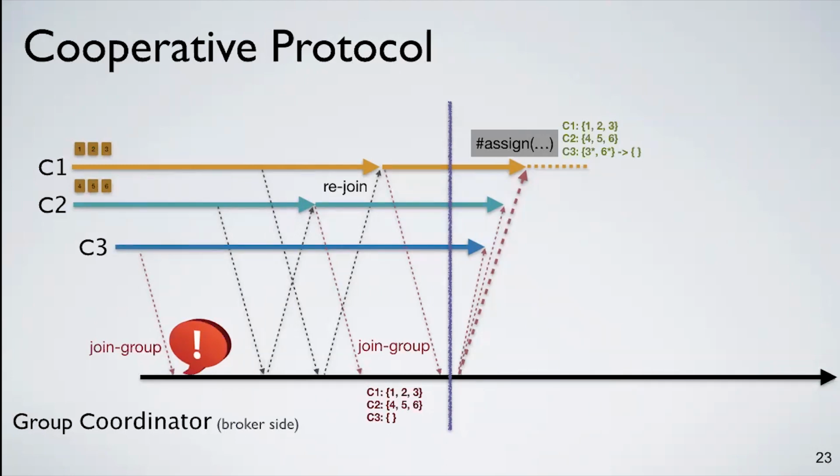It turns out that partitions 3 and 6 need to be revoked from C1 and C2 before they can be given to C3. The assigner knows that we need to enforce this constraint of revoking partitions before reassigning them. So it says, okay, we'll tell C1 and C2 to revoke these partitions, but we won't yet give them away to C3.